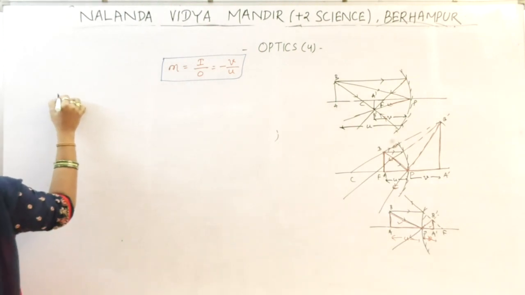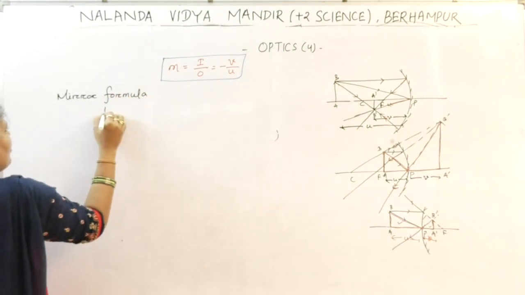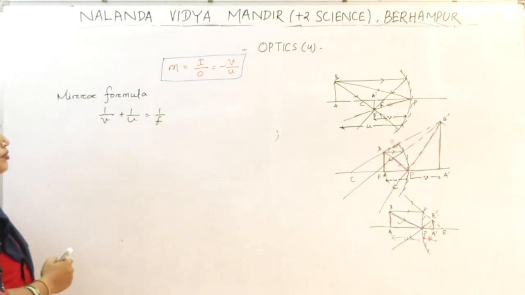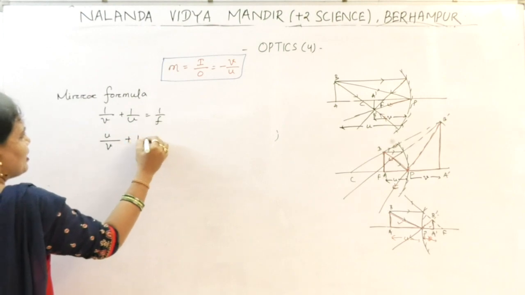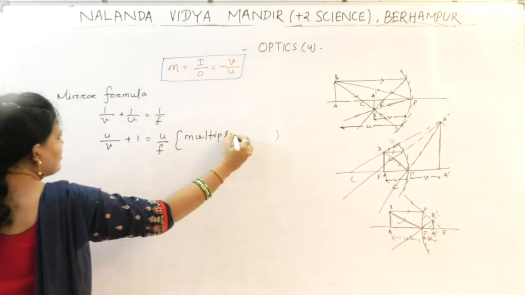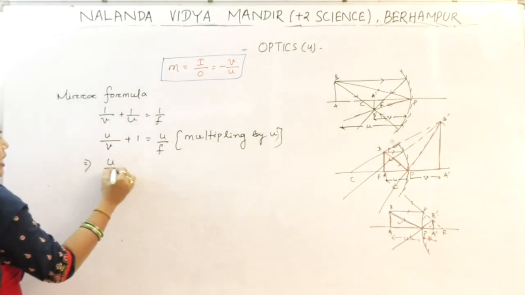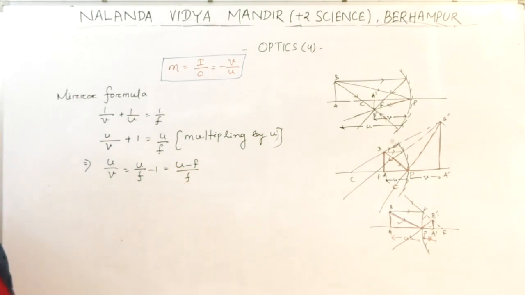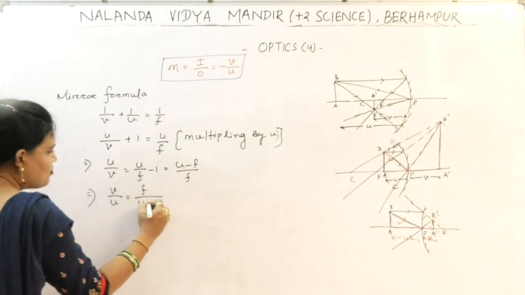From the mirror formula, we already know 1 by V plus 1 by U equal to 1 by F. Let us multiply throughout the equation by U. So U by V plus 1 equal to U by F. So U by V equal to U by F minus 1, that is U minus F by F. So that implies V by U equal to F by U minus F.